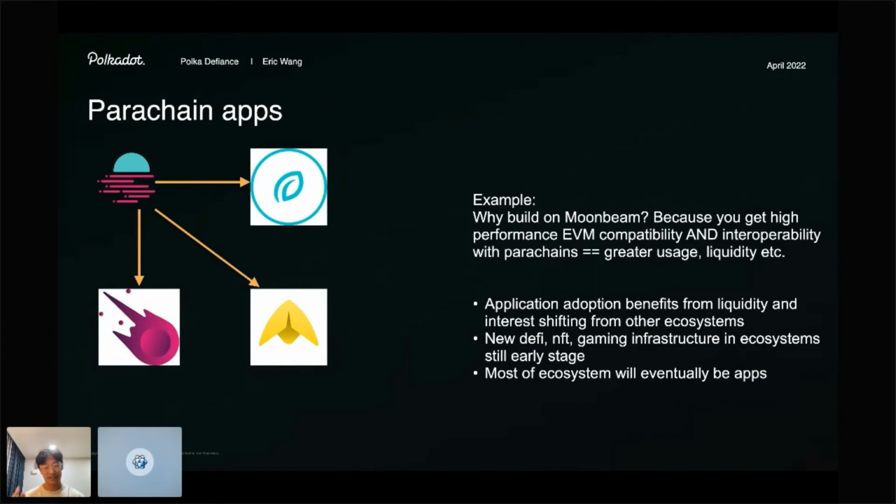And so the interoperability aspect here, for example, Moonbeam applications being able to talk to Equilibrium, will potentially confer greater usage and liquidity for these applications, specific DeFi applications in this case.